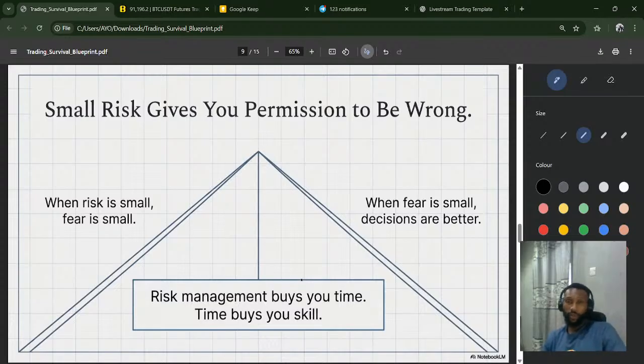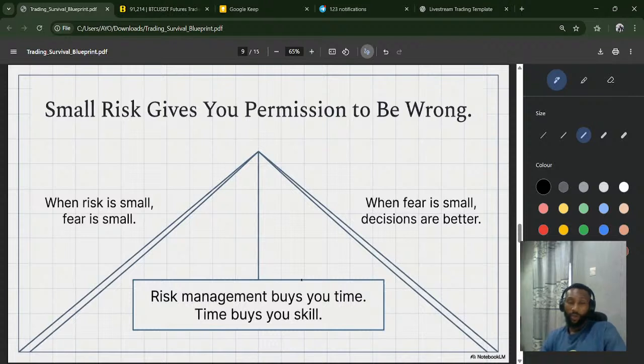Small risk does something very powerful. Let that sink in.